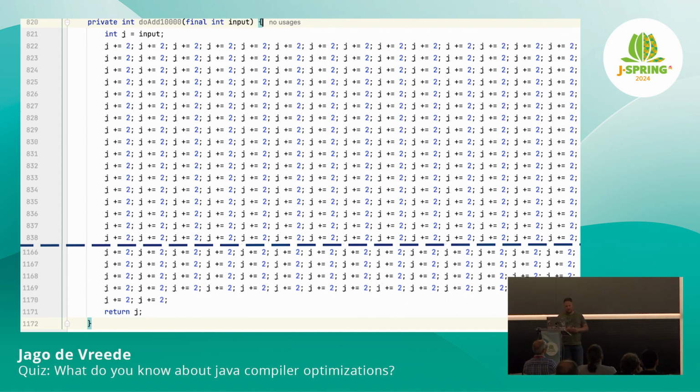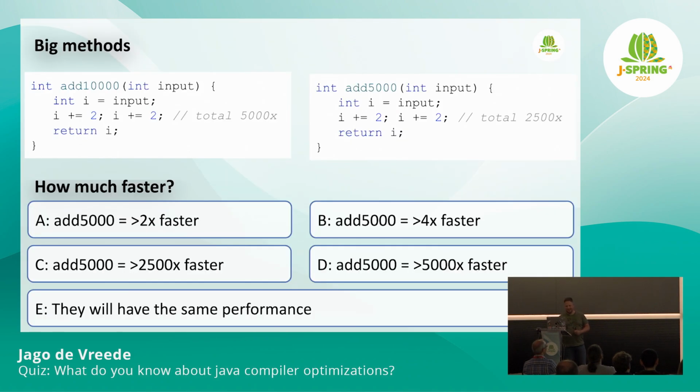It's only a little under 500 lines of code, and it goes off screen there. But hey, there are 5,000 plus instructions. Hey, how bad can it be? So that big method, how bad is adding 10,000 this way versus adding 5,000 this way?